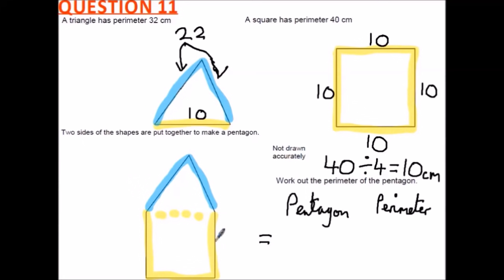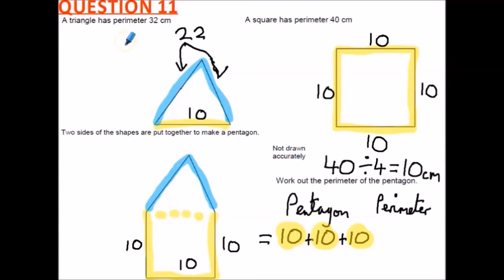So the pentagon's perimeter is going to be this 10 plus that 10 plus that 10. So it's the three sides that are left of the square, 10 plus 10 plus 10, plus the top two sides of the triangle.